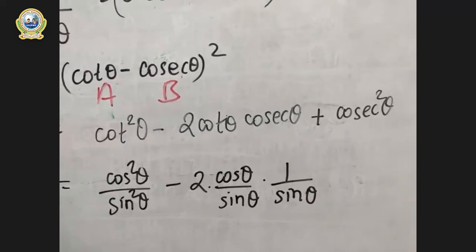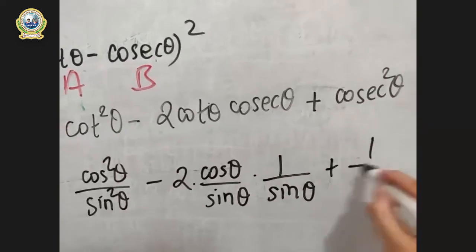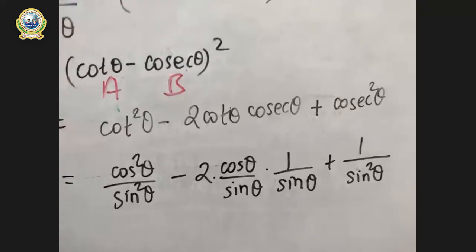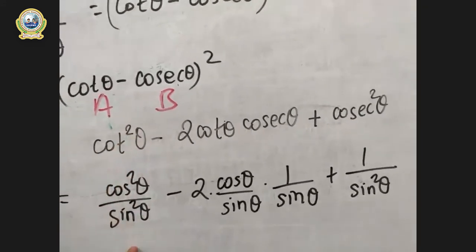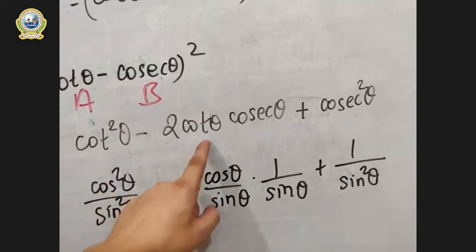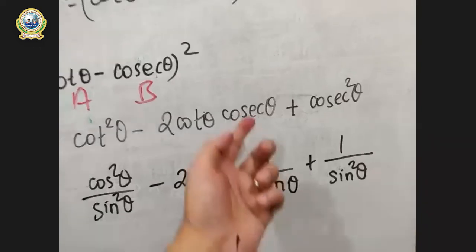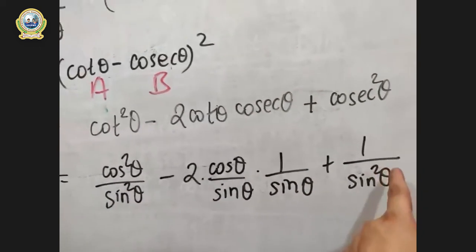And the rightmost part, cosec square will be 1 by sin square. Let me explain: cot means cos by sin, and cosec means 1 by sin, and the square stays as it is.